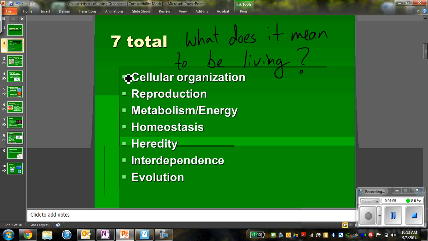First thing is that it's made of cells. Second thing is that it can reproduce. Sometimes that's just a cell. The third thing is that it maintains a constant state of regularity. We'll go over what that means.